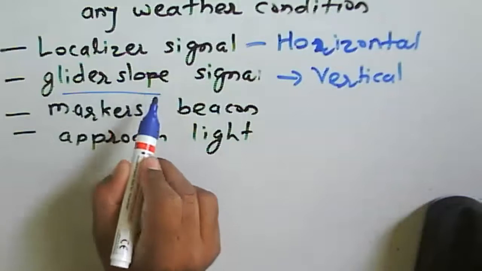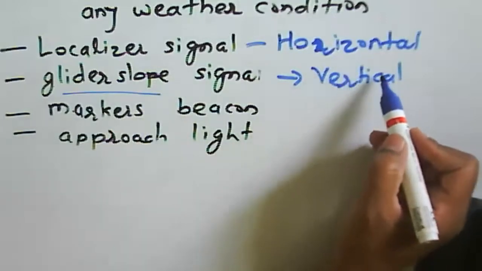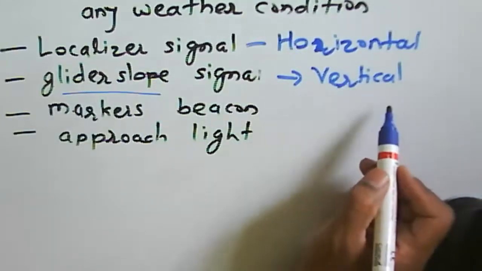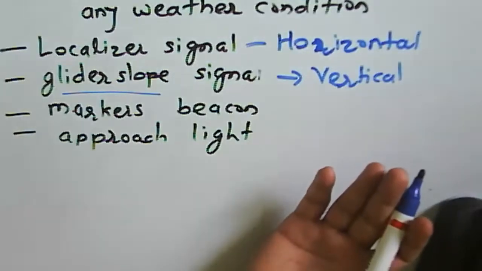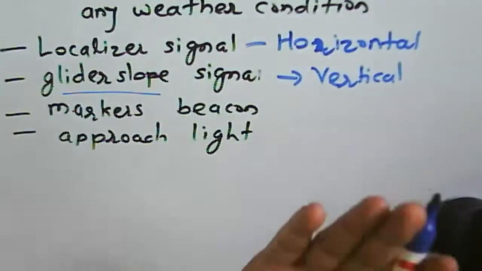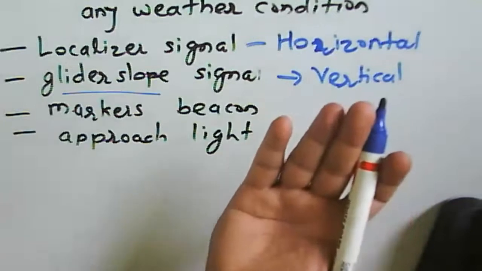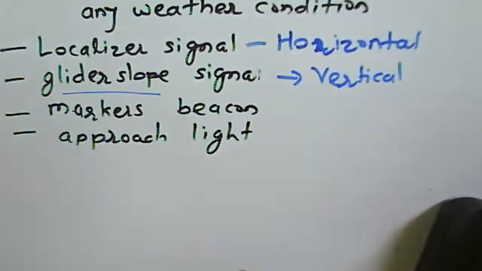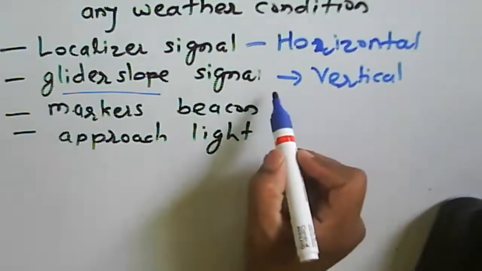So the glide slope signal provides the information regarding vertical guidance. In that case, how much will be the projection? The projection angle is what you can call the glide path.